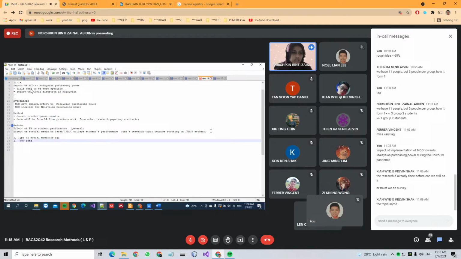If this is your research, it's quite interesting: how long you spend, and what your CGPA is. You can only give this kind of question and then you get the data for your research. This is quite easy.